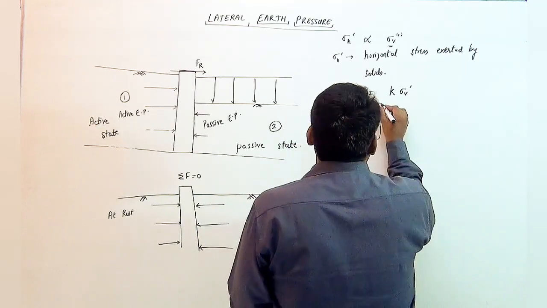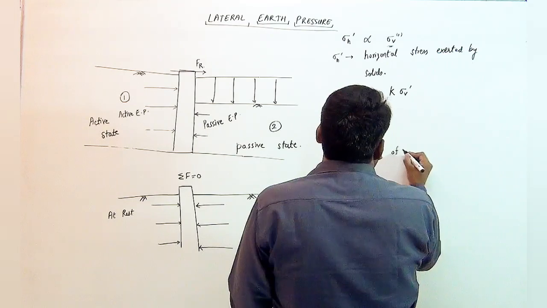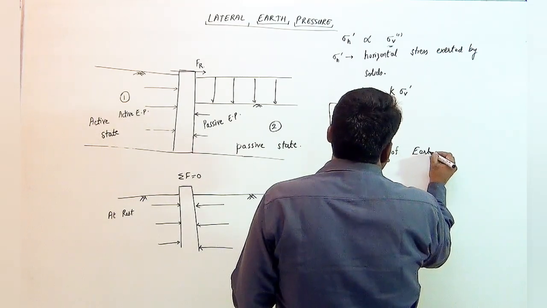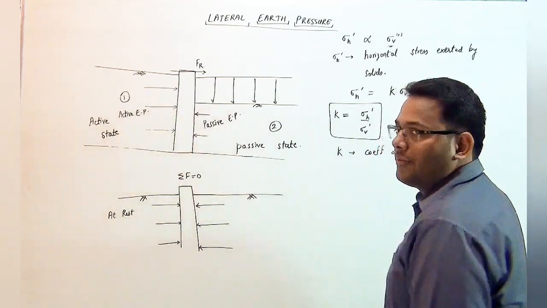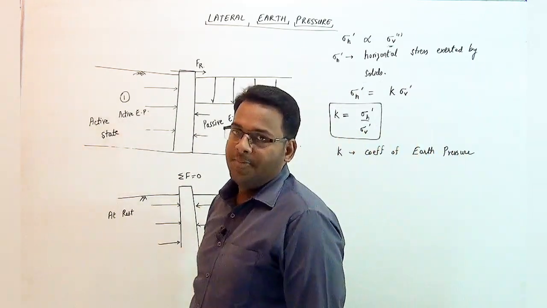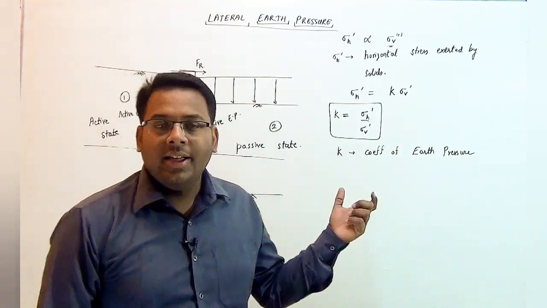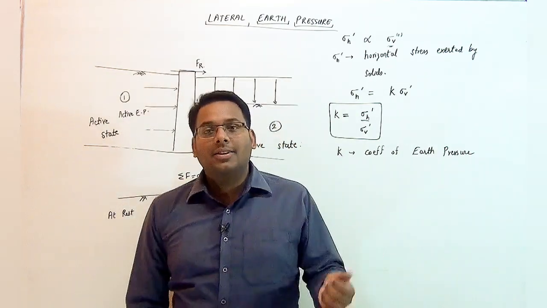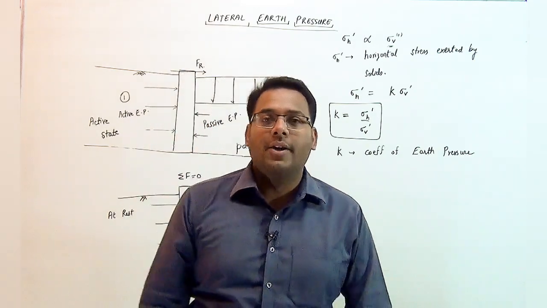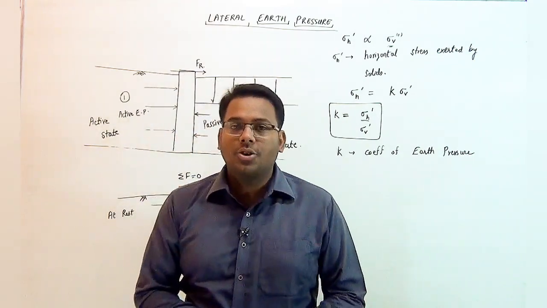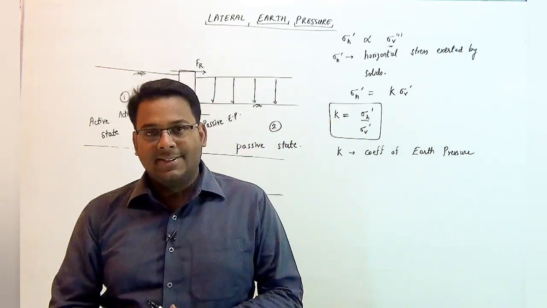This constant k is known as the coefficient of earth pressure. If we know the value of this coefficient K, then we can easily determine the value of lateral earth pressure in any case, because we have already studied the variation of effective stress with depth in the various cases.